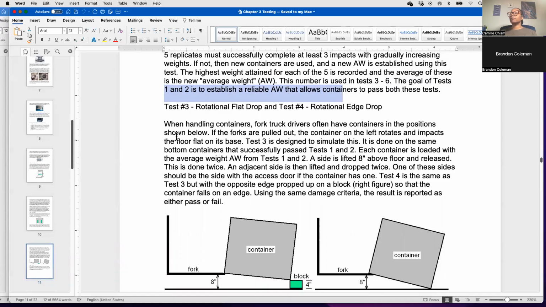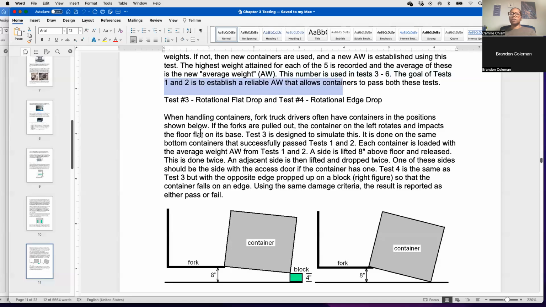Test 3, like I mentioned before, is probably more similar to traditional drops, but these are bigger. So instead of someone carrying them around in a hand tote or a box and dropping it by hand, we know that these bigger bins are going to get handled with fork trucks. So the drops are based more on how they're going to get handled with fork trucks.